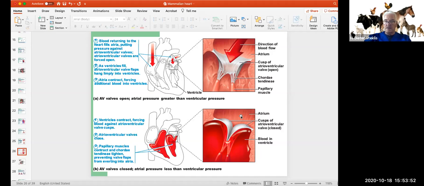So it's critical, and these tendinous fibers, the chordae tendineae, make sure that with all that pressure, especially in the left ventricle, you don't have these flaps simply pushing open into the atrium, eversion of the heart valve, that could happen if you didn't have these strings to hold it firmly in place as this powerful contraction of the ventricle happens.